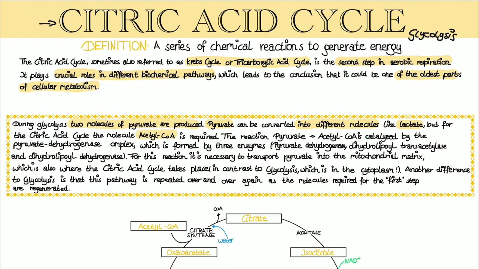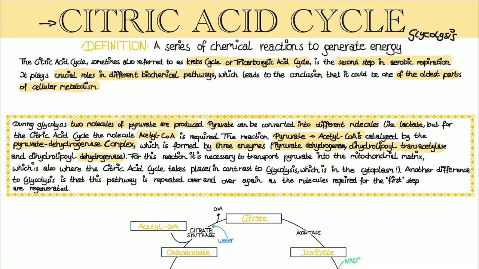The reaction from pyruvate to Acetyl-CoA is actually catalyzed by a complex, the so-called pyruvate dehydrogenase complex, and this is formed by three distinct enzymes, which are pyruvate dehydrogenase, and the other two are dihydrolipoyl transacetylase and another dehydrogenase.